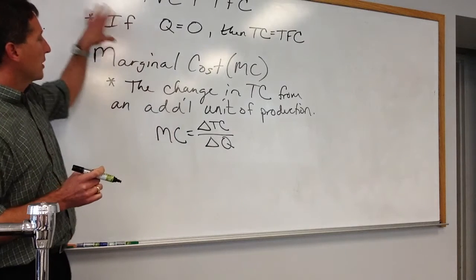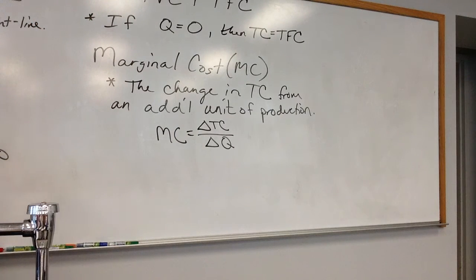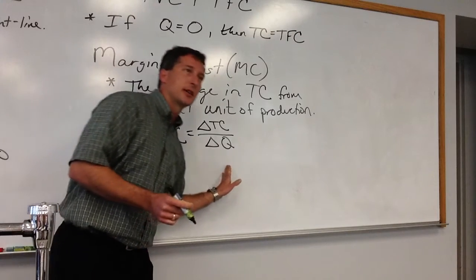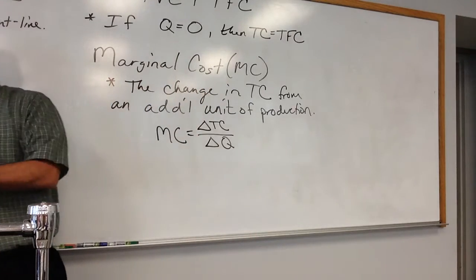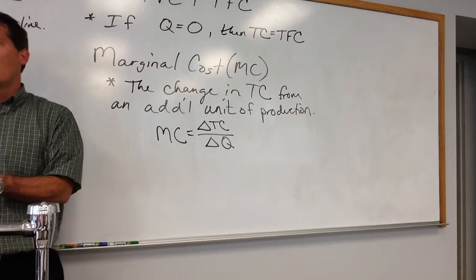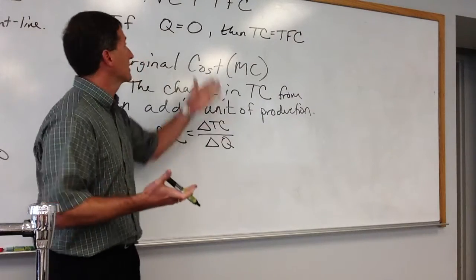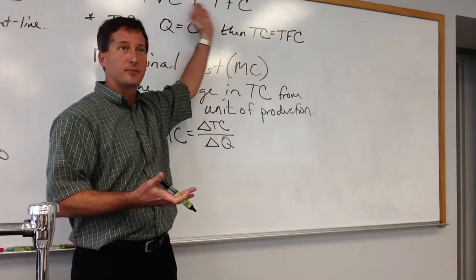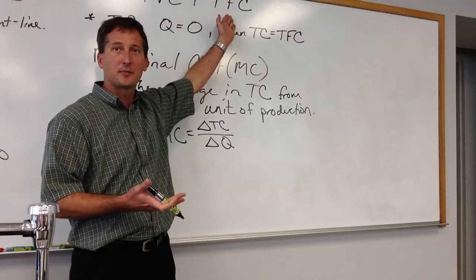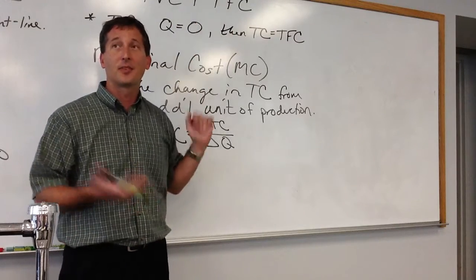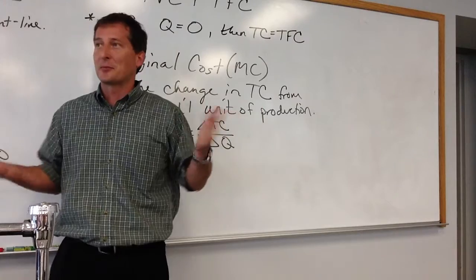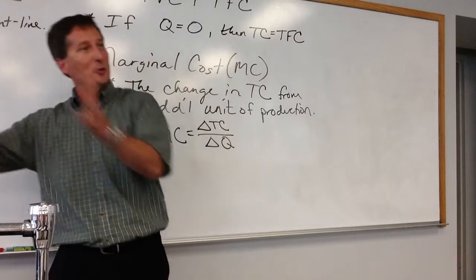But if we go back to what could actually change, if I'm producing 100 units and I'm thinking about producing 101 units, what are the types of costs that will change? Variable or fixed? Variable. It's the only possibility, right? Because we just got done saying fixed costs don't change.